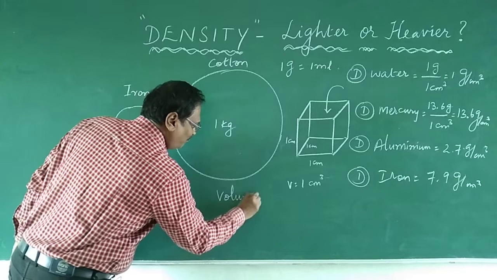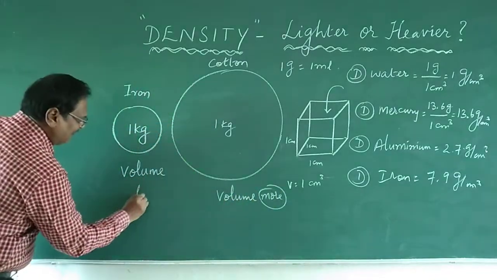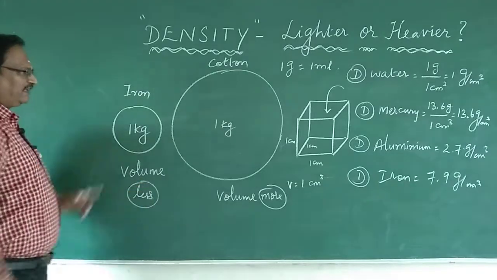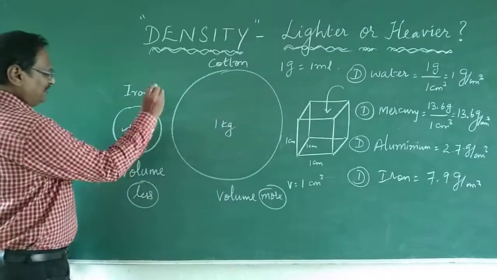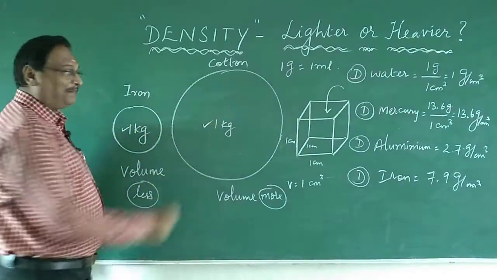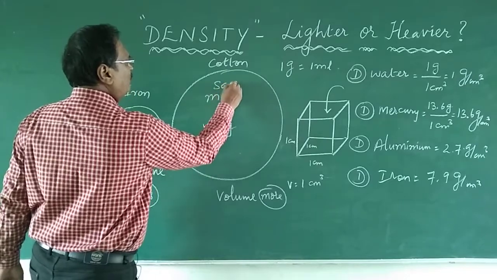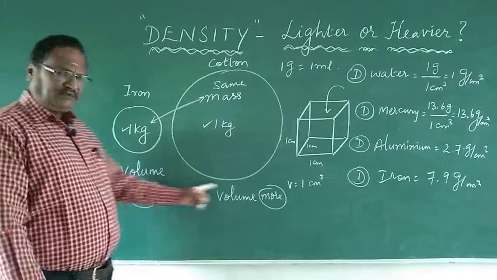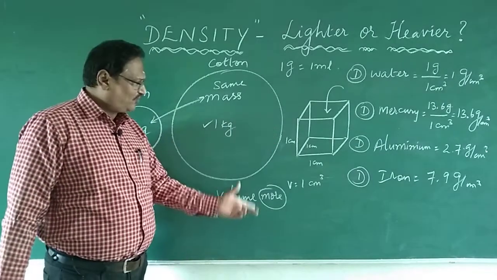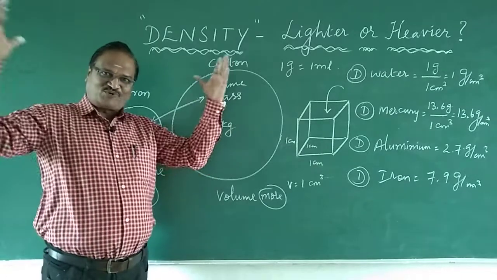Volume is more, and the volume is less. But what is same? Kilogram. So mass is same. Both of them are having same mass. But why is this cotton having more volume?